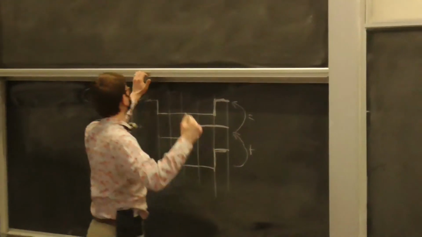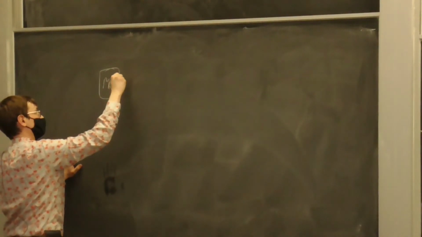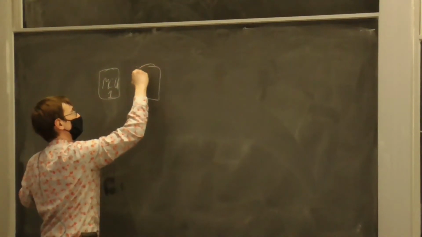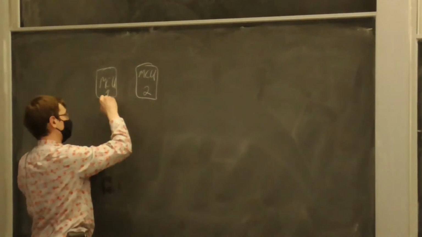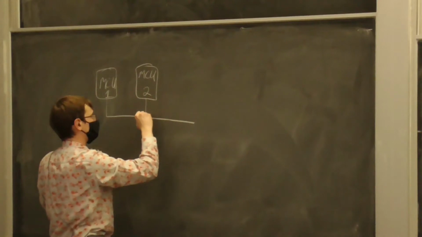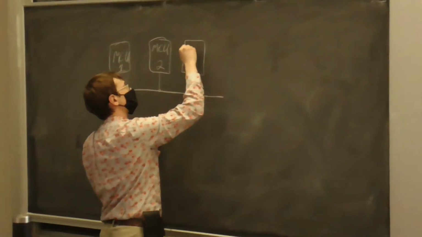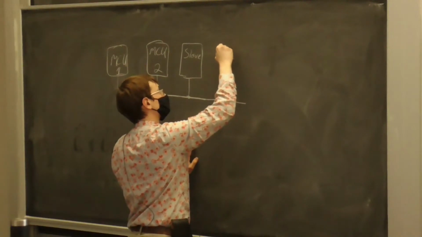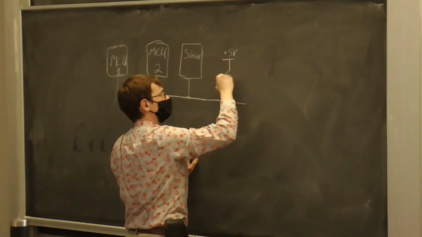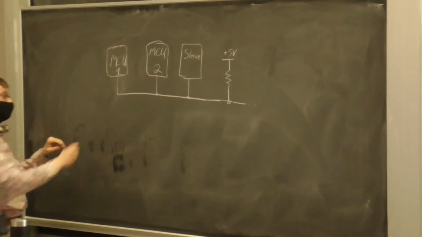So, just to return to the circuit diagram for a moment, let's say we have MCU 1, MCU 2, and let's just do the clock line, and maybe one slave device, whatever.